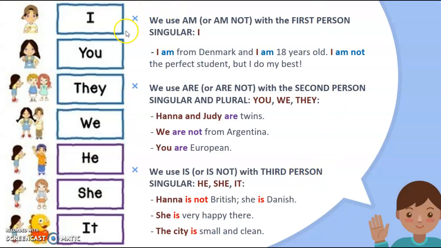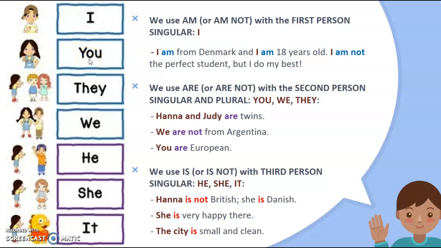So first of all, we're going to review the personal pronouns before concentrating on grammar. So we have I, which is the first person singular, and it is used to refer to yourself.